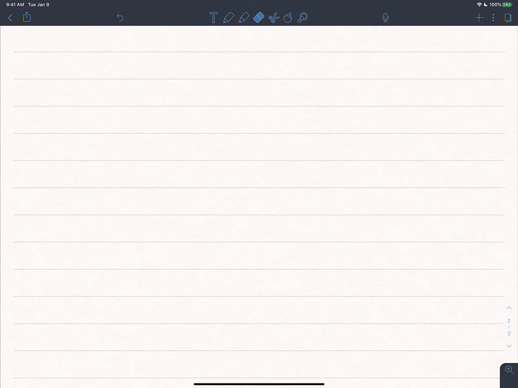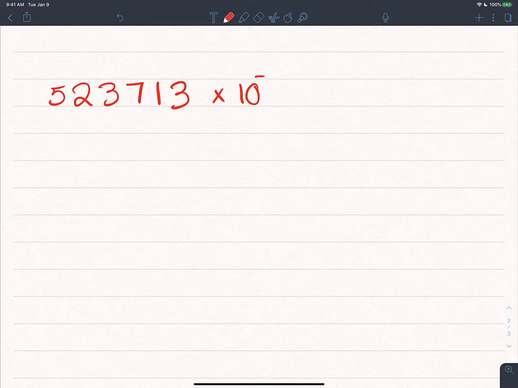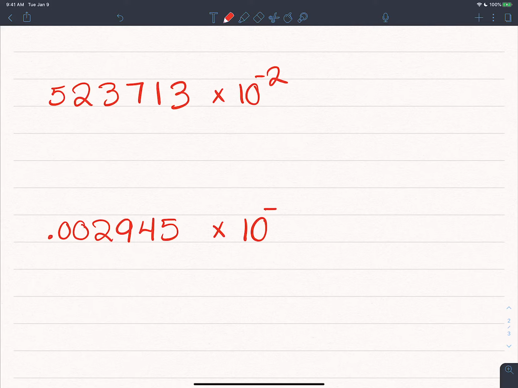We have 5, 2, 3, 7, 1, 3, and we times 10 to the minus 2, and we have 0.00295 times 10 to the minus 7. So these are the two that we have.